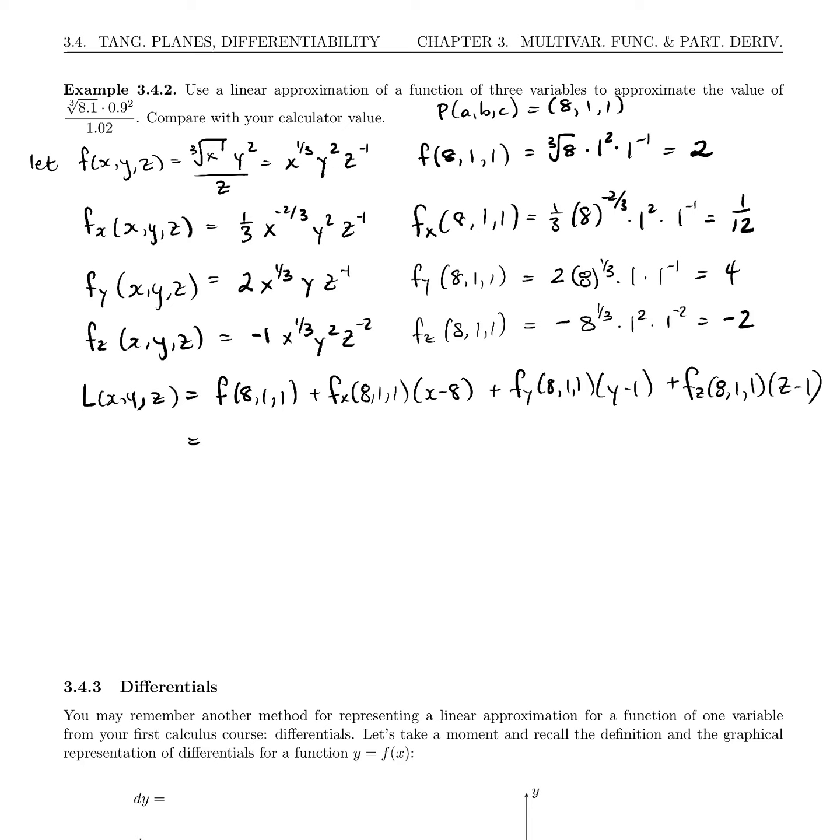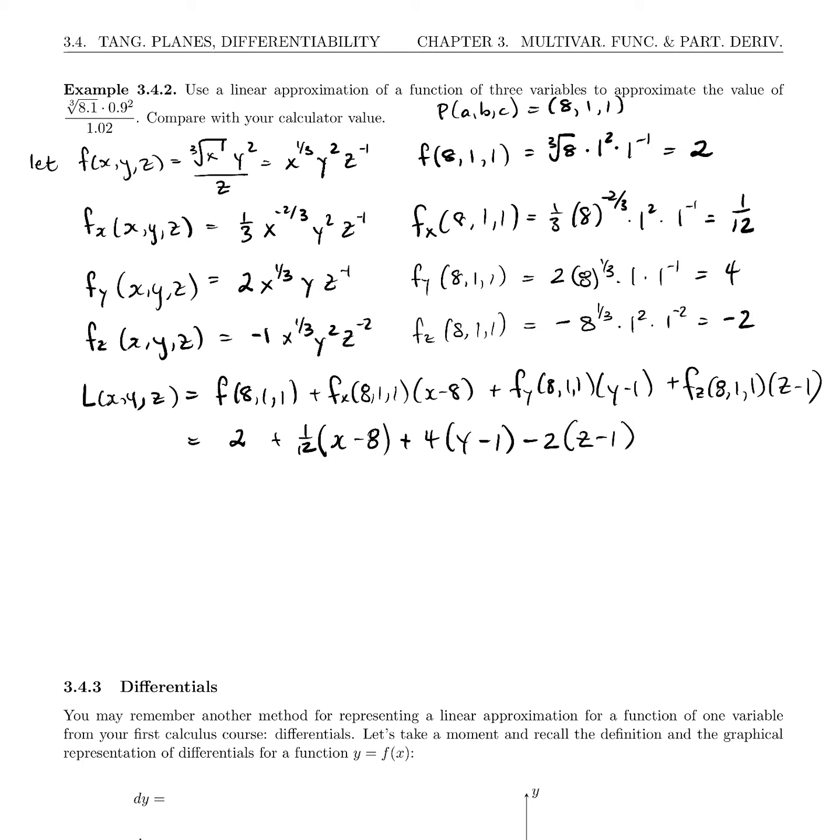Here we have our values that we're going to plug in from above, so 2 plus 1/12 of x minus 8, plus 4 times y minus 1, minus 2 times z minus 1.